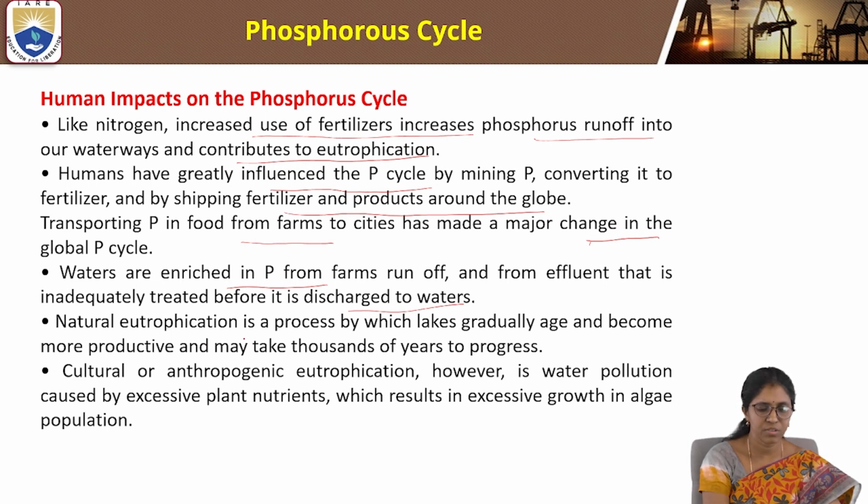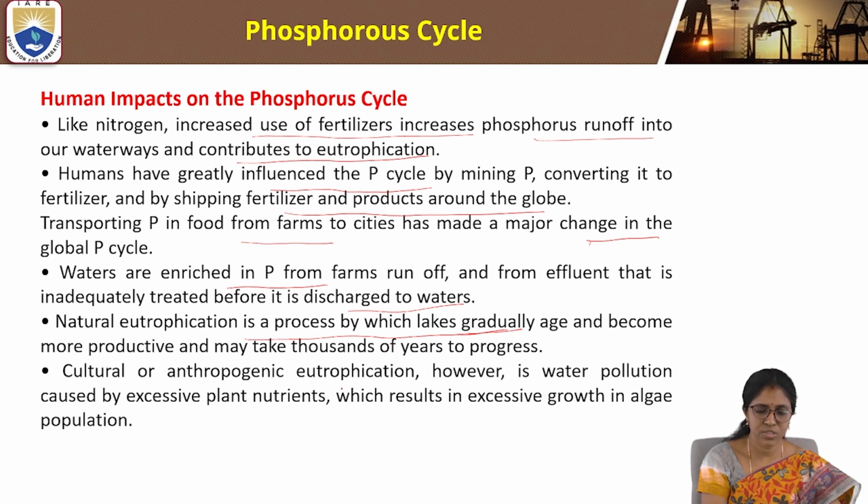So natural eutrophication is the process by which lakes gradually age and become more productive and may take thousands of years to progress.